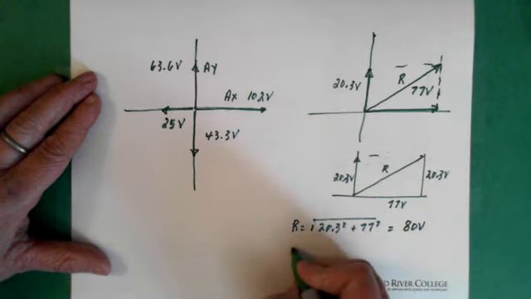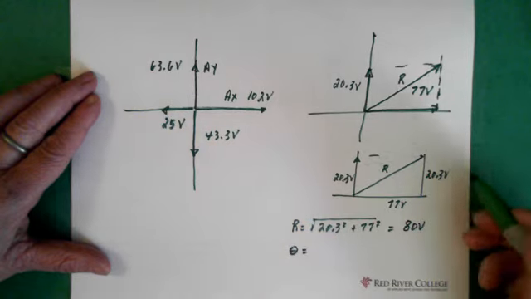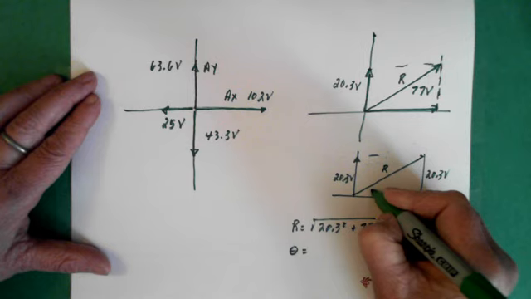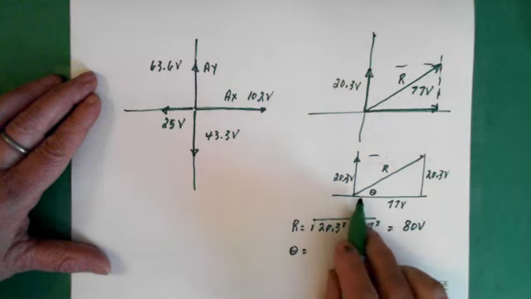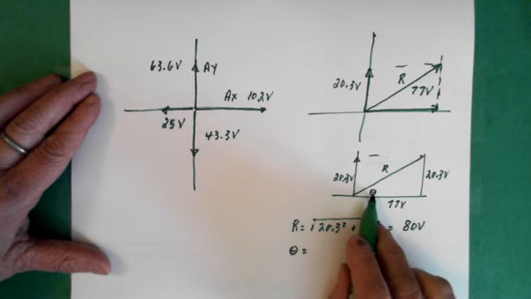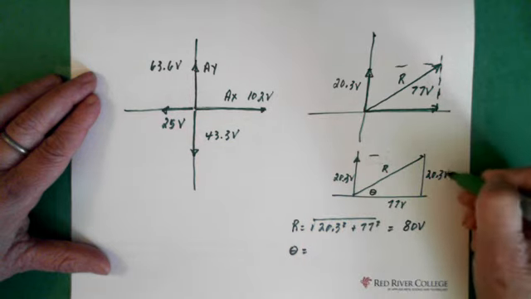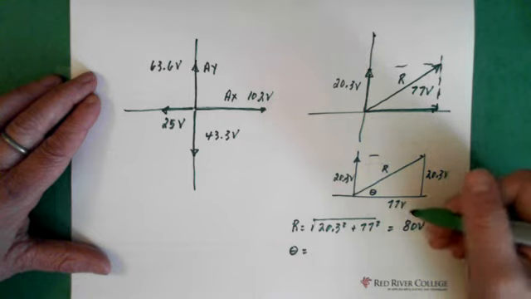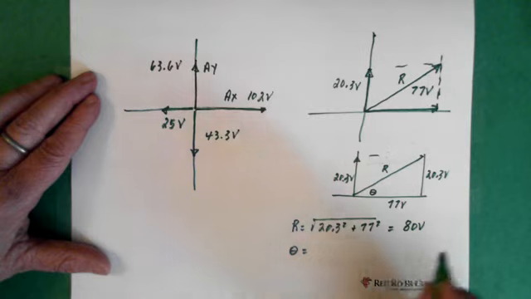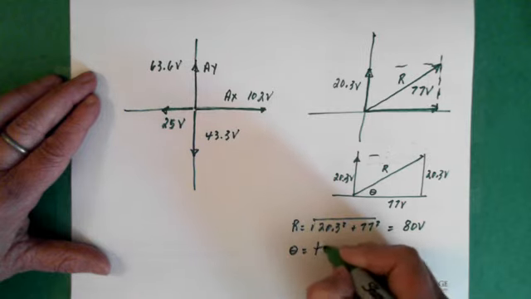And in order to find theta, theta is always the angle that's against the horizontal, so the reference angle. So we want this angle here. We can see that the 20.3 volts is opposite the angle, and the 77 is adjacent. So then we could use inverse tan.